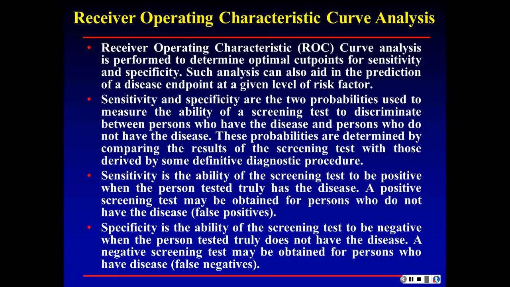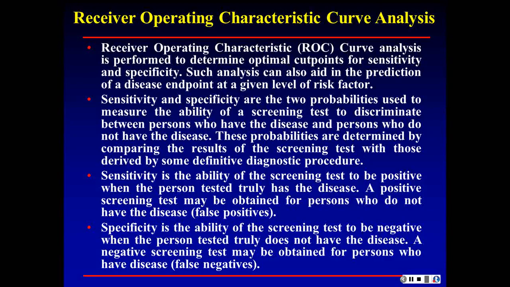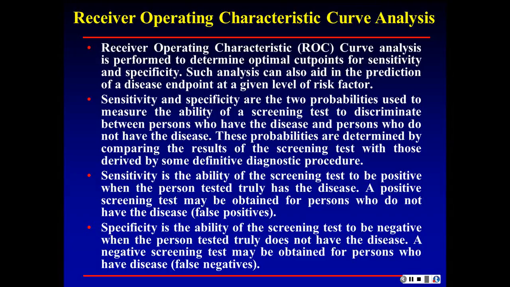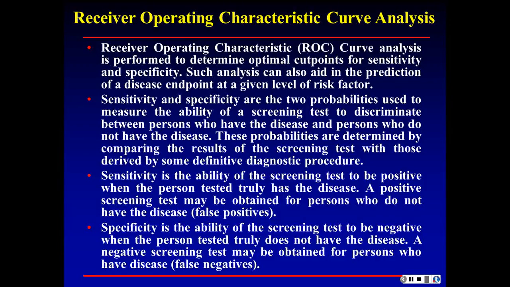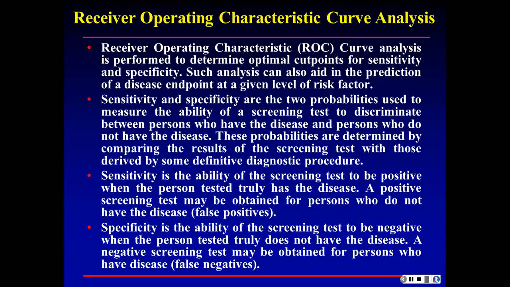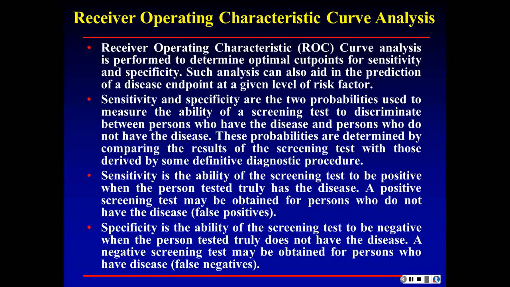Basically, what an ROC curve does is it determines the efficacy of, say, using one variable, a combination of variables, a model, a risk score on discriminating between patients who have the endpoint and patients who don't have the endpoint in question. And why an ROC curve is so useful to you as clinicians is that you can use it to set certain cutoff points to determine sensitivity and specificity.